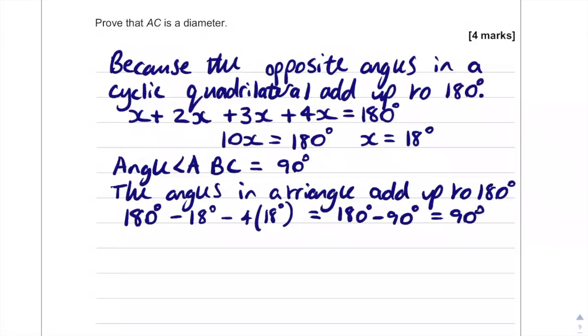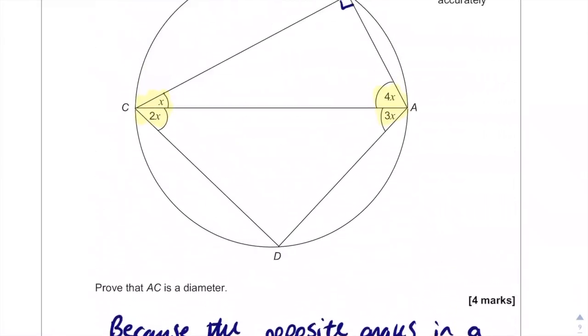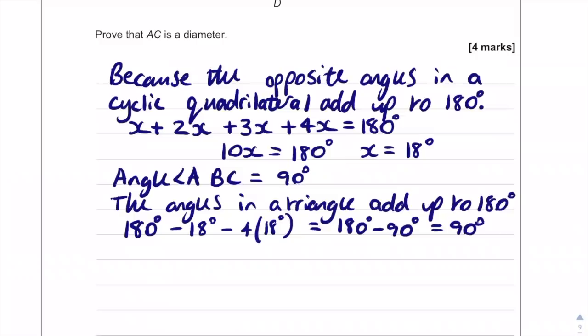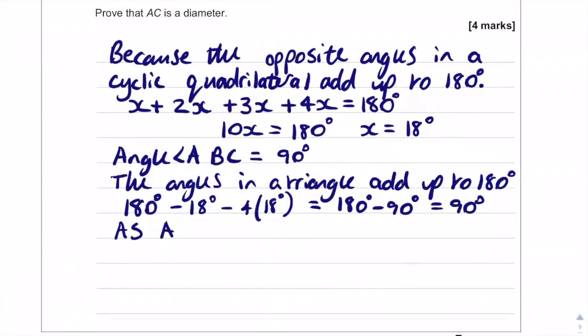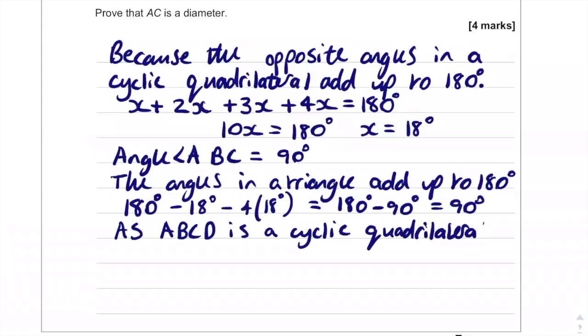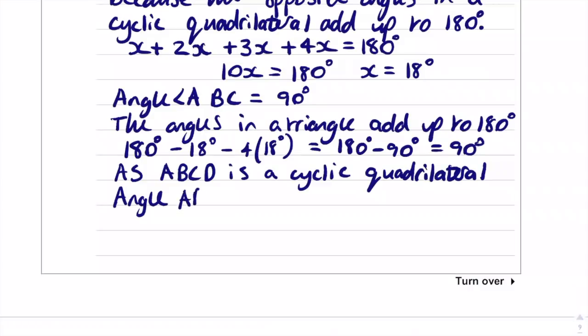And this also proves our statement that we said about ABCD being a cyclic quadrilateral, because if angle ABC is 90 degrees, then angle ADC is 90 degrees. So we can say that as ABCD is a cyclic quadrilateral, angle ADC equals 90.